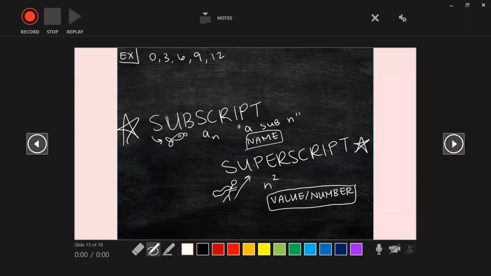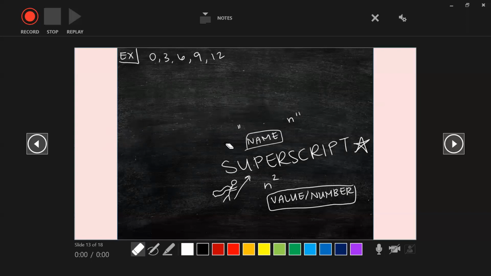So reviewing that, what is the name of this sequence? A sub n. Yeah, A sub n. I'll leave that superscript up there for a second.